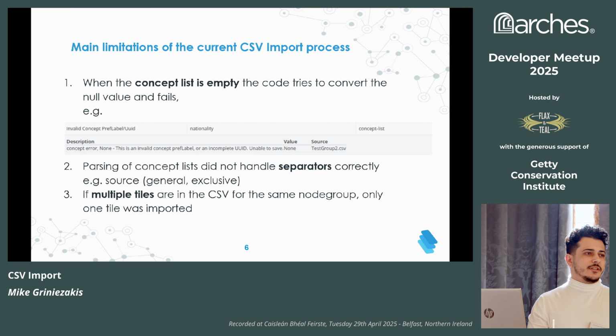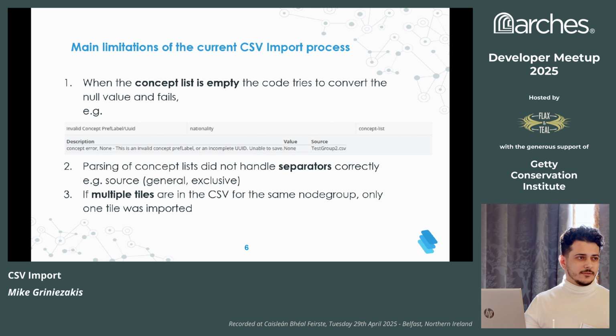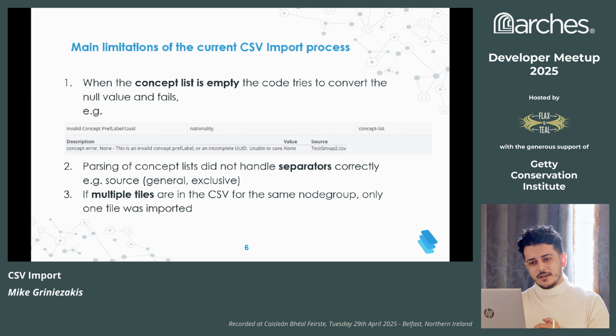Okay, so after a lot of testing with our models, we came to the conclusion of these main limitations for the CSV importer. First of all, there was a problem when the custom lists were empty. In this case, in the CSV, if we added, let's say, none or empty, the system tried to convert this empty value to a valid concept in the system, and it failed, so it didn't manage to import anything.